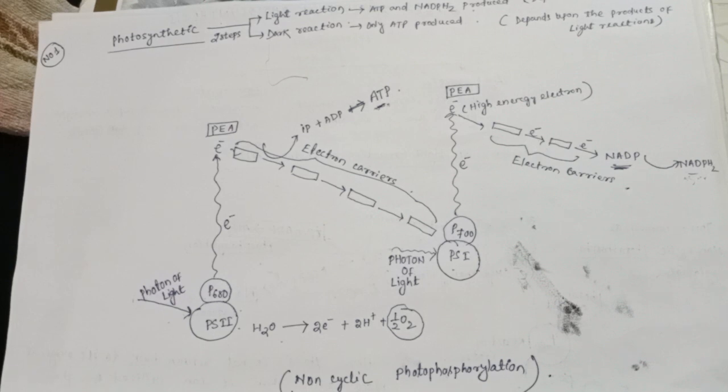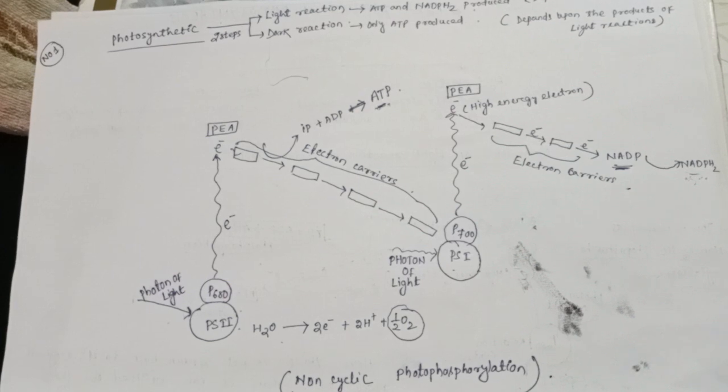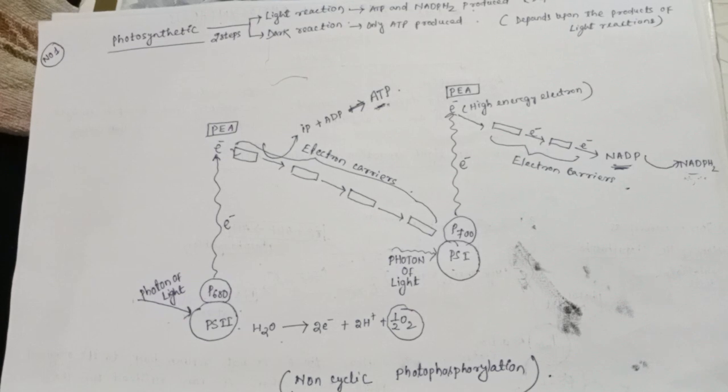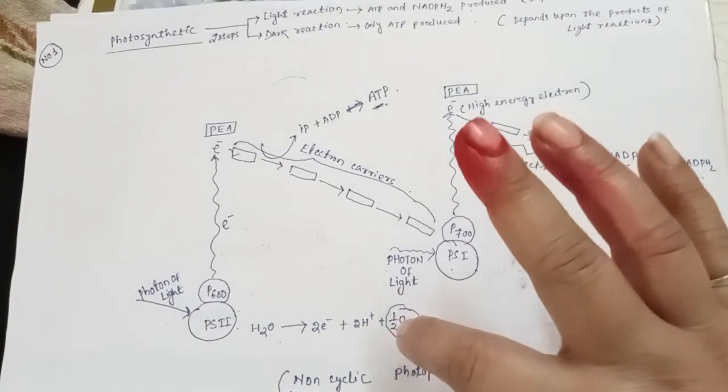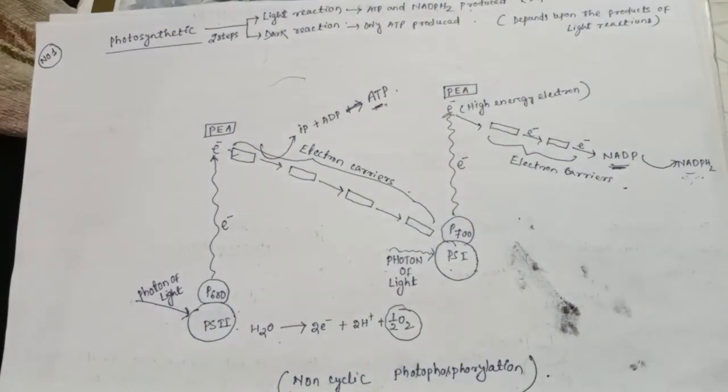In normal conditions, in the thylakoid membrane during light reaction, non-cyclic photophosphorylation takes place, where both photosystem 1 and photosystem 2 are involved, where ATP and NADPH2 are produced, and where oxygen is released in the lumen of thylakoid.